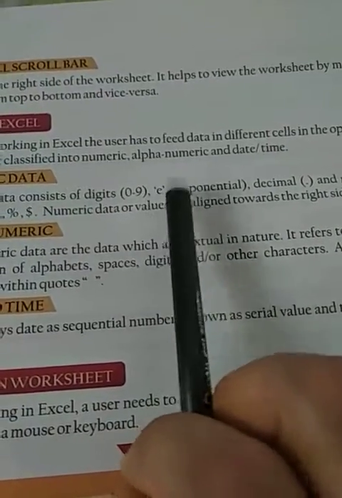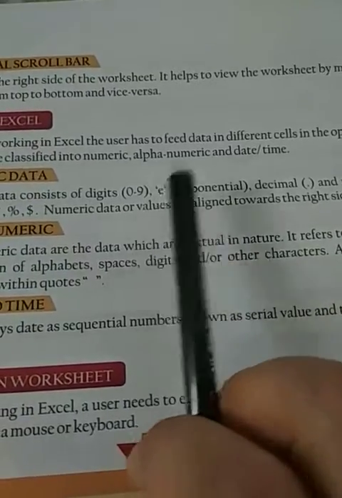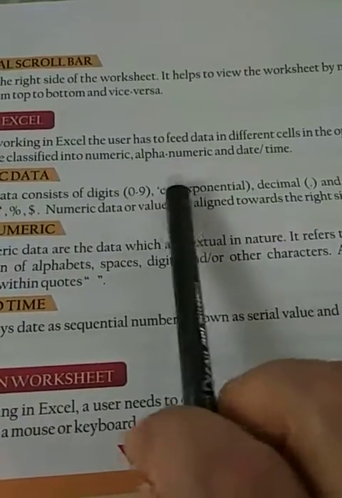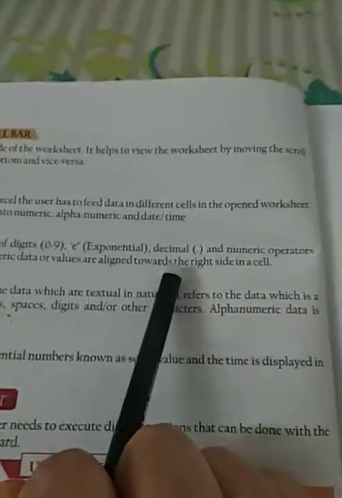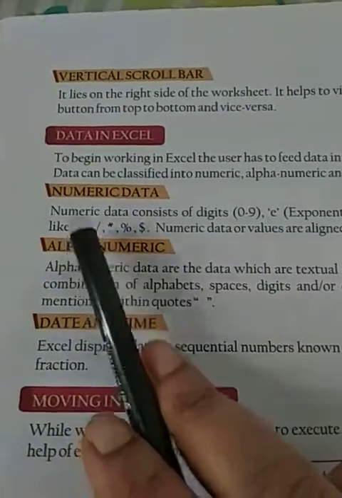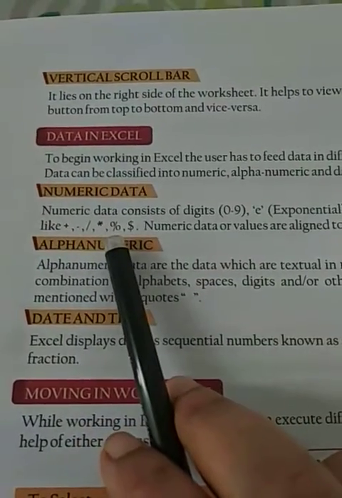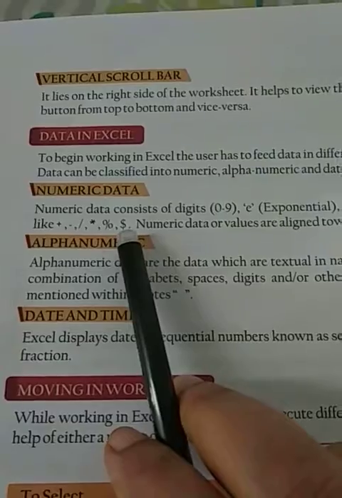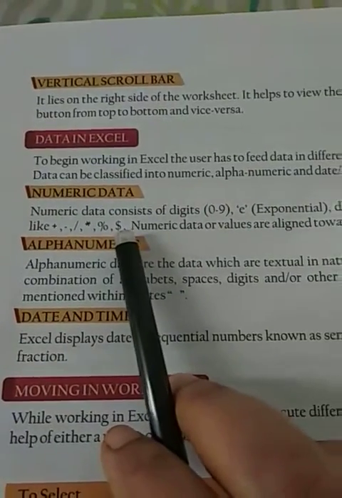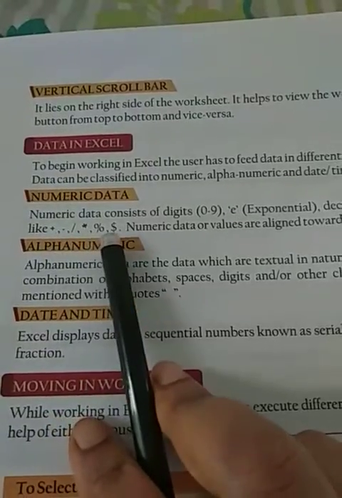You will study what exponential is in your higher classes; for now, understand that it is also a mathematical term. Then decimals, that is the point, and numeric operators like plus, minus, divide, multiply, then the percentage sign and dollar sign. All these signs we can use easily.